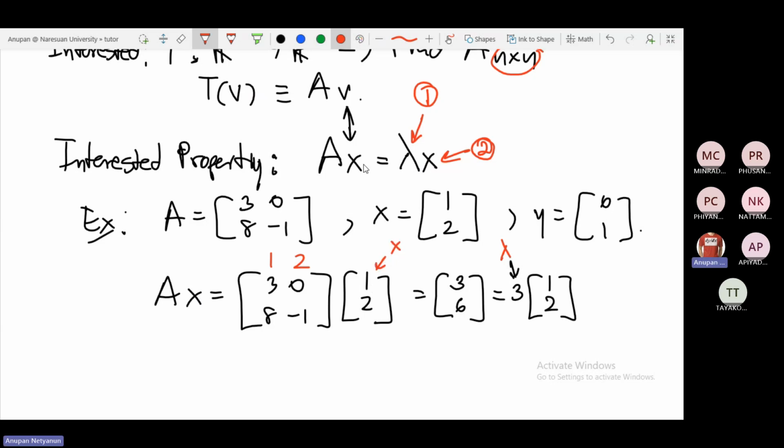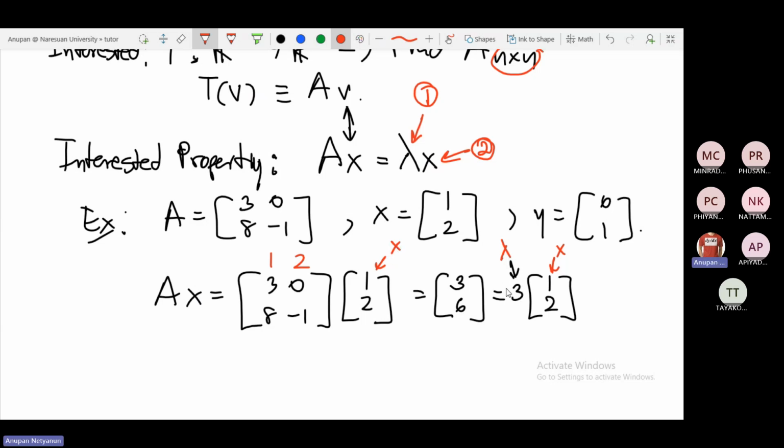This acts like an x here. So this is your x. So this vector satisfies this property where the corresponding lambda for this x is 3.